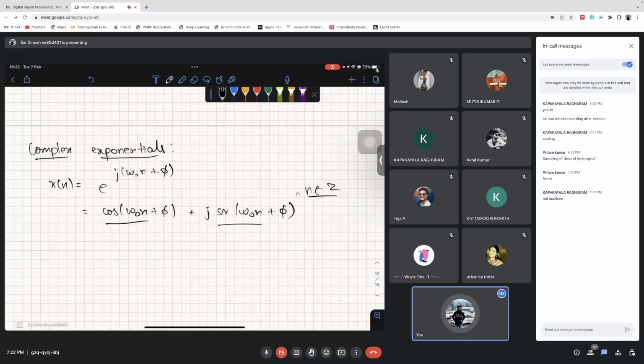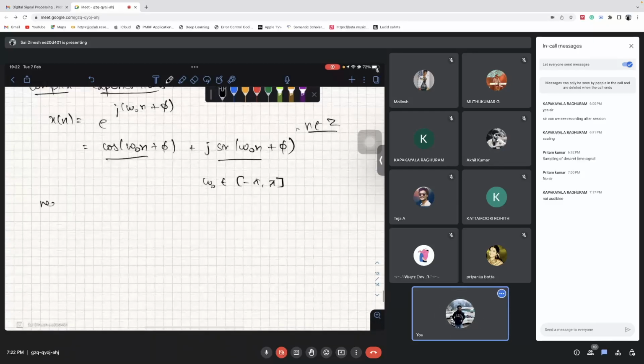So in the real case, omega naught belongs to 0 to pi. In the complex case, omega naught belongs to minus pi to pi.